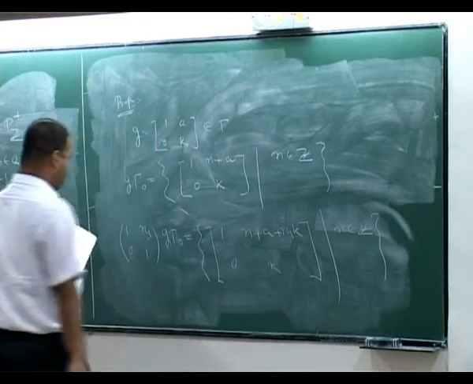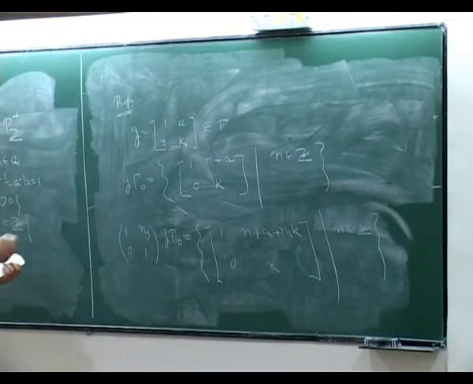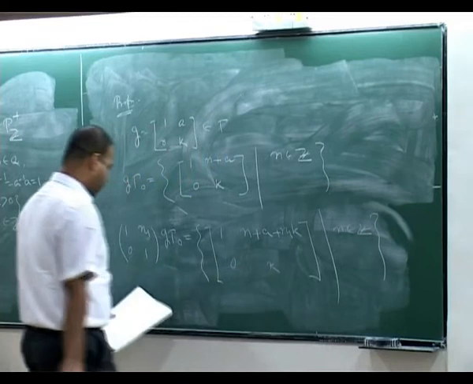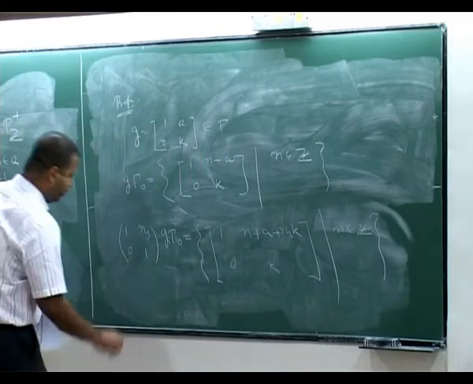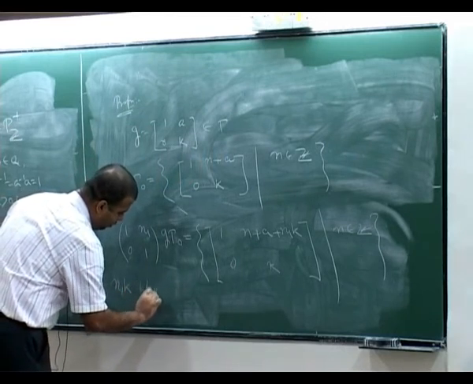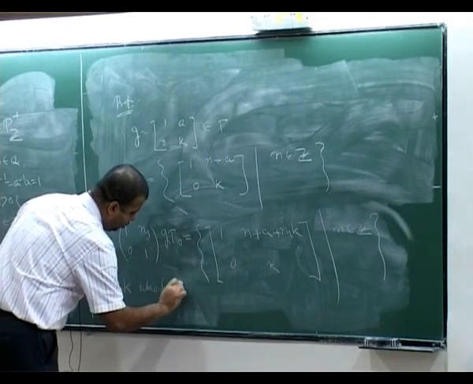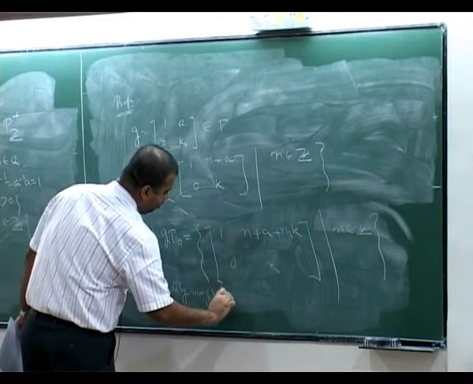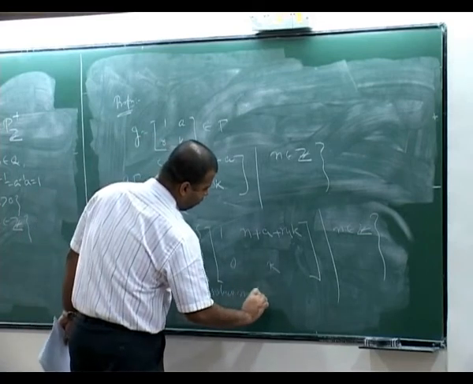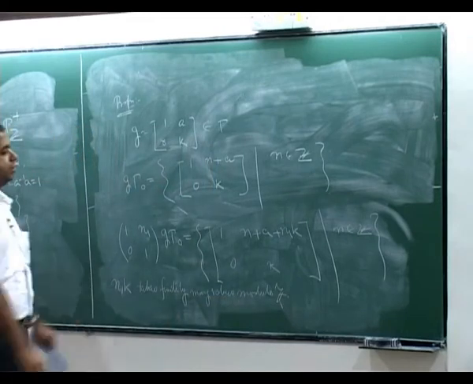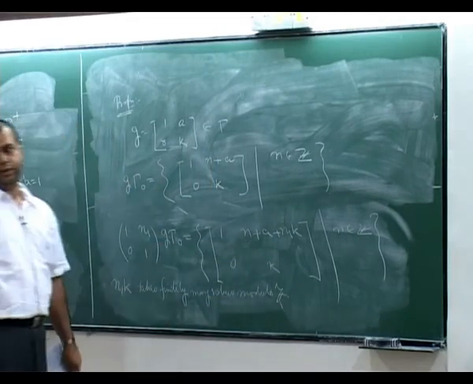Now these quantities n1 k: as n1 is varying over Z, k is a rational number, but modulo Z it can take finitely many values. So that shows that these cosets are actually finitely many.